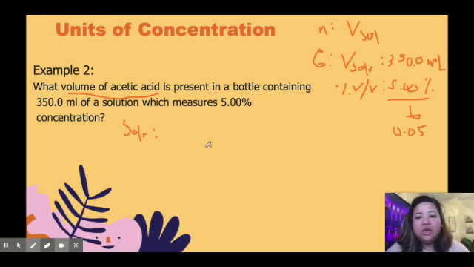We'll just plug in or substitute all the given we have. So 0.05, which is the percent by volume, and then we have volume of solute over our volume of solvent, which is 350 ml.